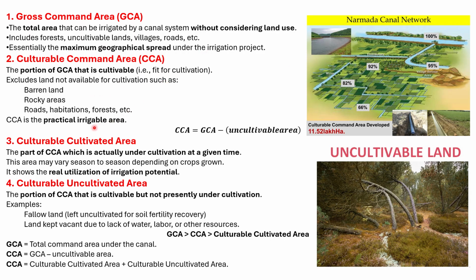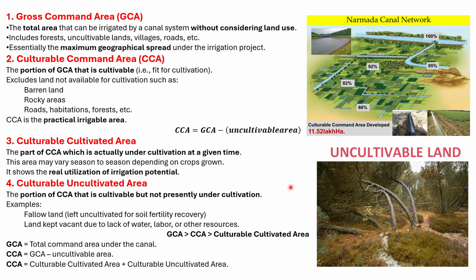Next one is the cultivated area, part of the CCA only, that is currently under cultivation. The fourth one is the cultivable uncultivated area. It is generally fit for cultivation but not being used due to lack of water, maybe labor, or fallow for soil recovery. You can see some example pictures here.